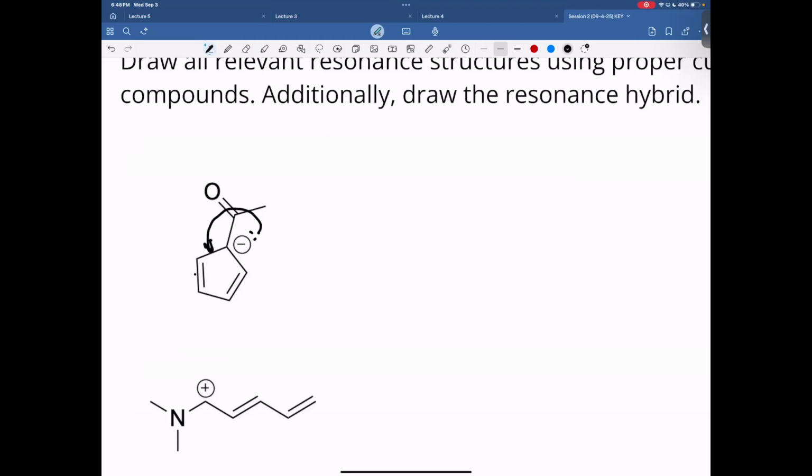And then we can bring this pi bond out and put it on this carbon to make a lone pair. So that's our first structure.